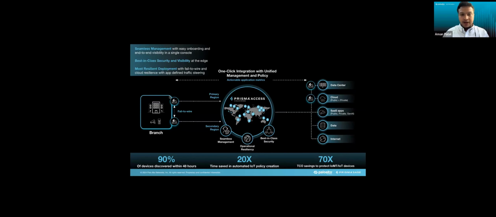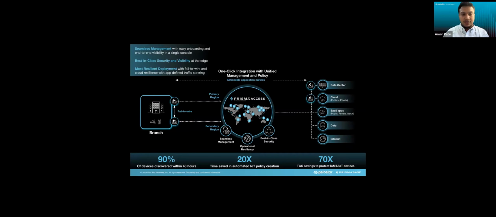It will automatically detect that this branch is in Mumbai and it should connect to the nearest Prisma Access location, which is India West, right? So it automatically detects the node to use with optimal routing and one click integration. As you can see, within our SD-WAN device, it is just a one-click integration with our Prisma Access, right?